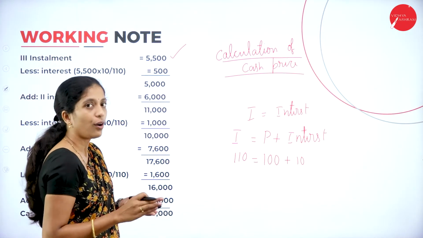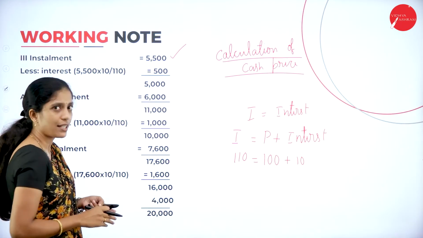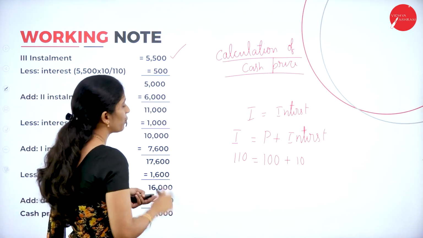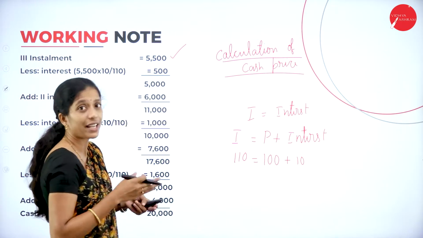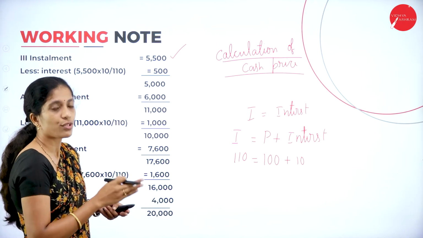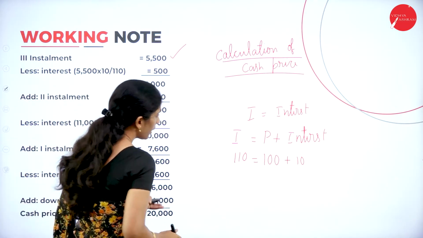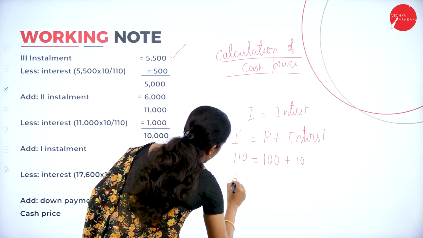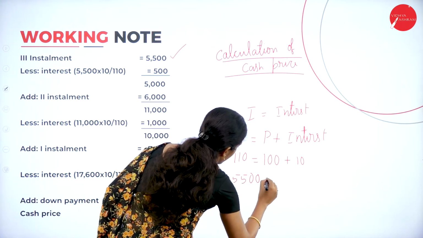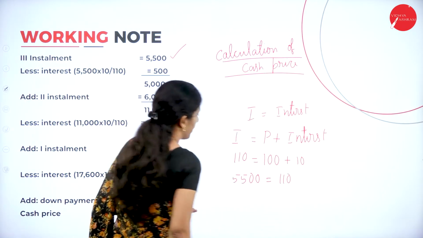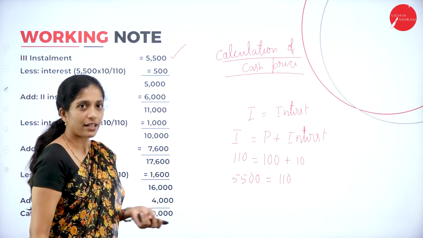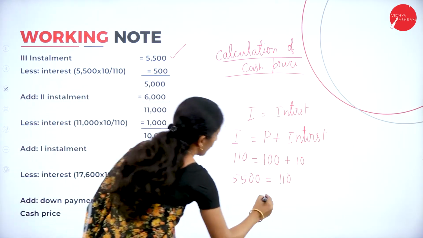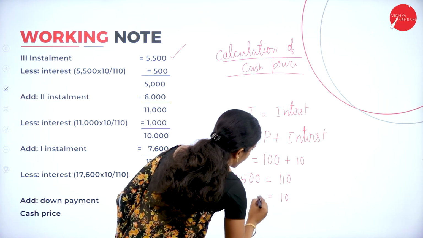110. Now, we want interest, right? So, how to calculate interest? Now, third year installment is how much? 5,500, right? So, 5,500 is equal to 110 and we want interest. So, interest is how much? 10%.